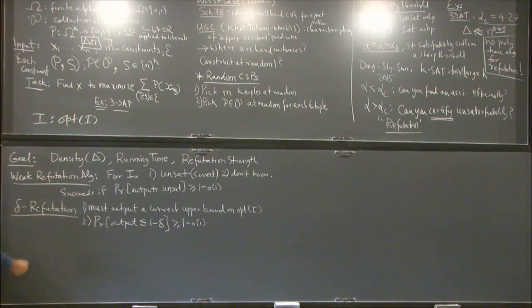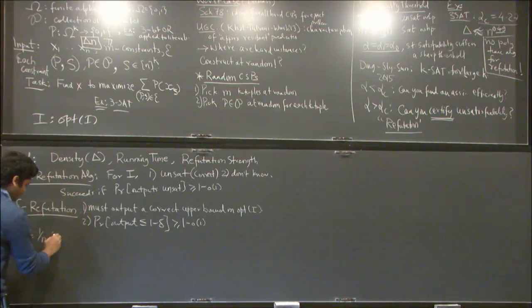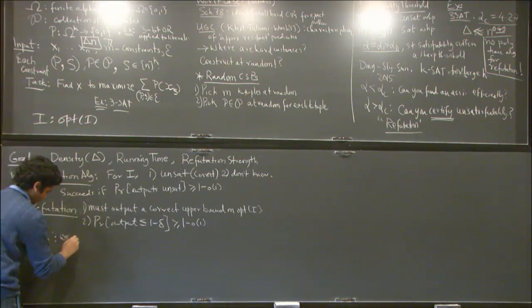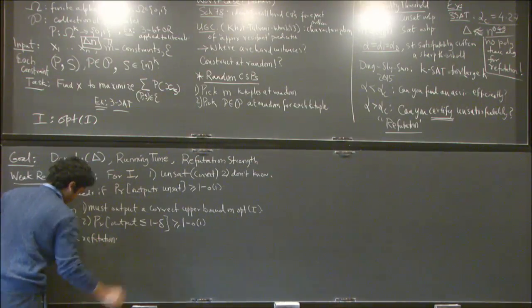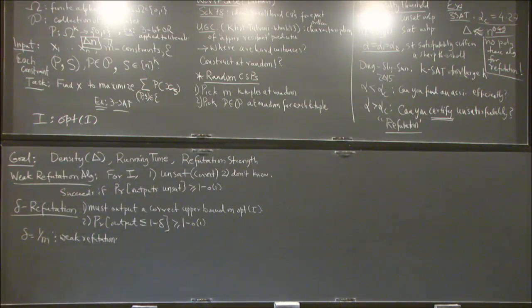In particular, if delta is like 1 over m, this is just weak refutation. And this delta I call the strength of the refutation.